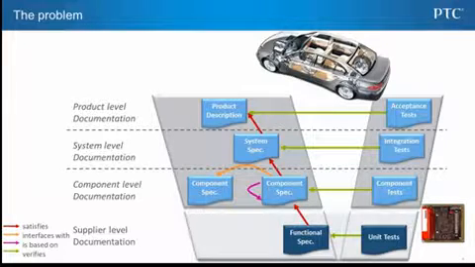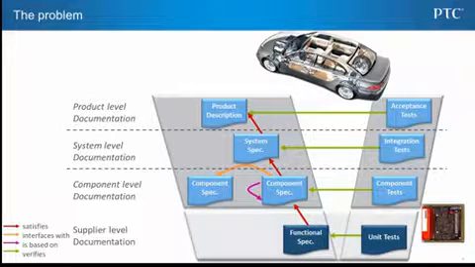The second is that, and I'll use an OEM and supplier relationship, the company that does the product, system, and component level documentation needs to outsource or provide a set of information, instructions, material, and documentation to their supplier in order for them to deliver a printed circuit board, subsystem, braking system, electronic control system, whatever those may be.